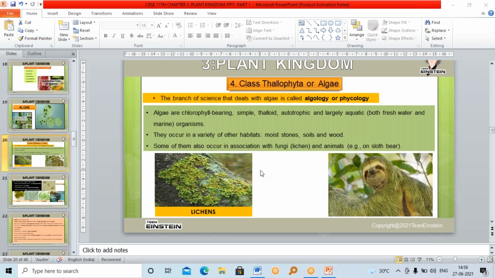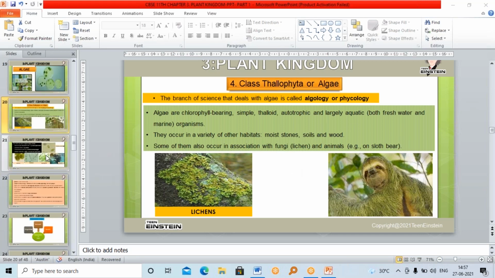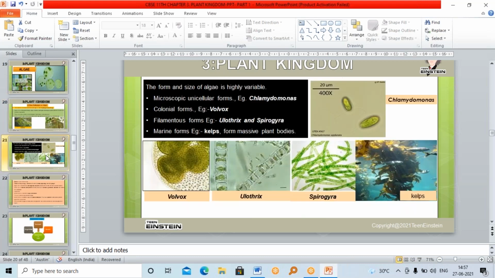Both marine and freshwater forms are present, and they occur in a variety of other habitats, needing the presence of moisture. Some of them occur in association with fungi, called lichen, and in animal association, for which the example is sloth bear.